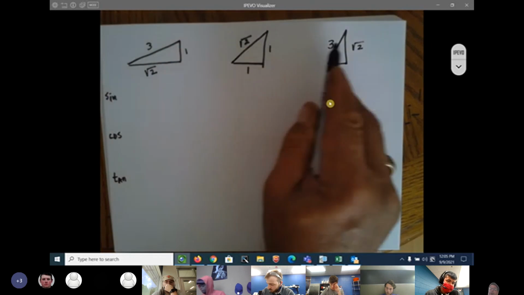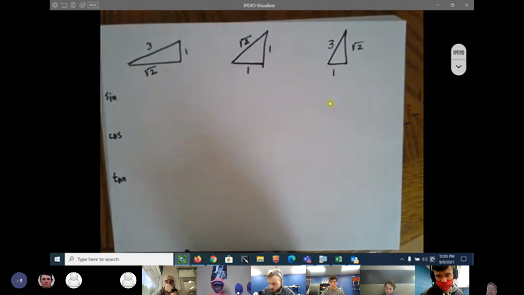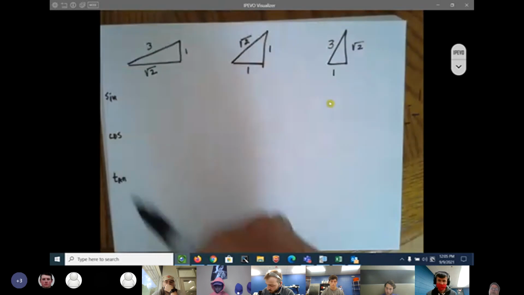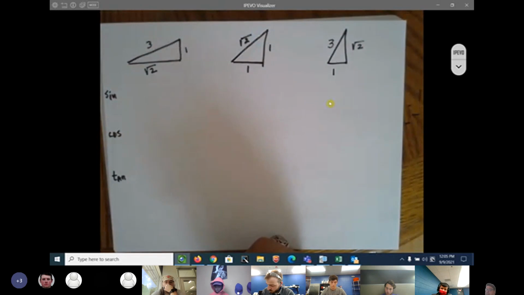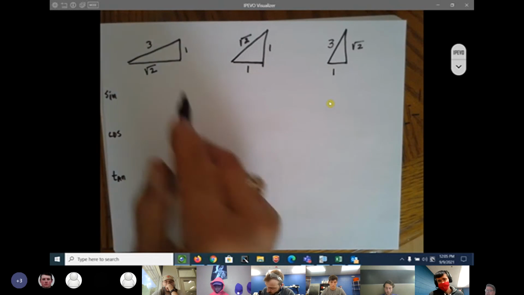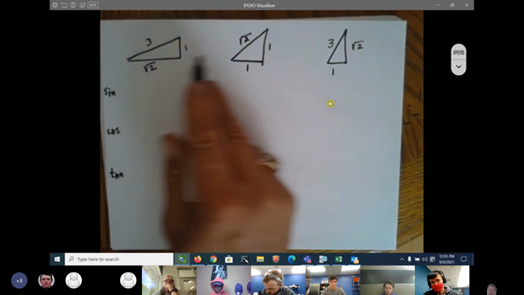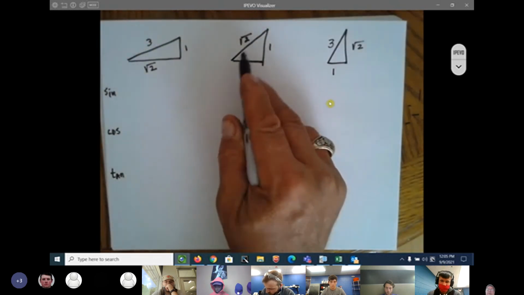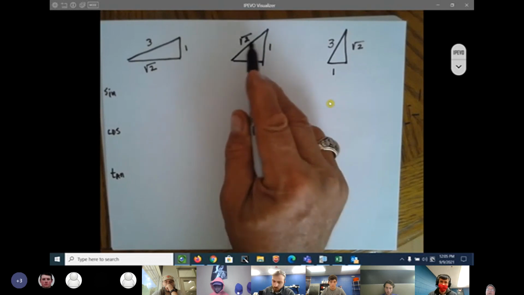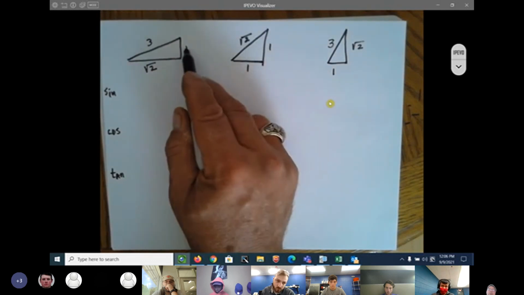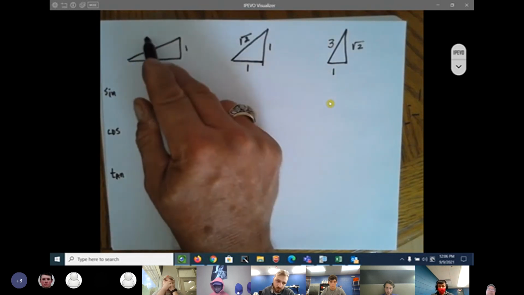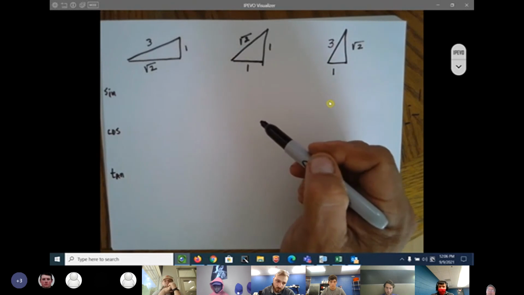Are these important? You will fail this class if you don't learn these special angles. Now, I didn't say memorize them. I said learn them. I just told you all you got to memorize is the 45-degree angle. Because once you get there, you know this one short is 1, square root of 2, and 3. 1, 2, 3.